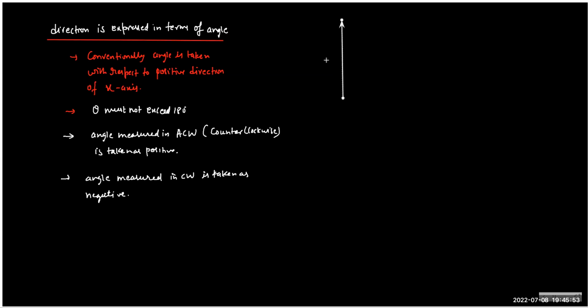So angles are generally interpreted this way. We'll start with a simple question. Let's say you have a vector, and again I'm saying the vector need not be position, it could be any vector, but we deal with position, that's easy for us.